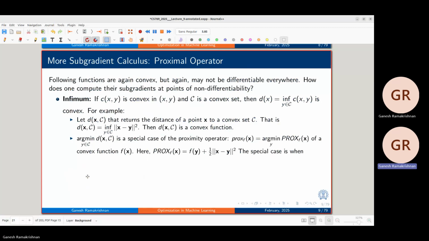So prox f of x, actually, I go to this small prox. Small prox is the min over y of f simple of x minus y.